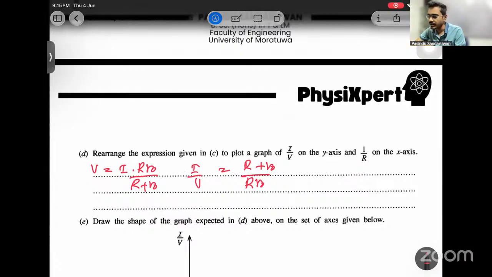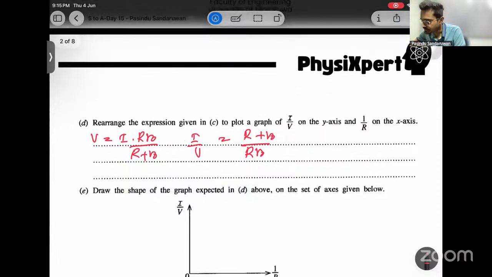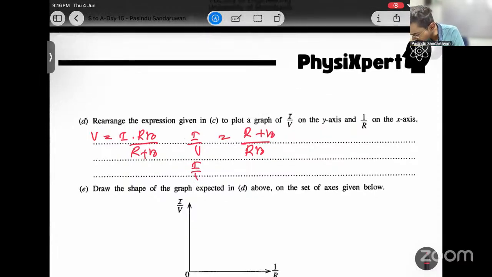Then the y-axis is okay. The x-axis is 1 over R. To create 1 over R, we can divide both terms in the numerator by R naught separately. Then I over V equals R over R naught plus R naught over R naught.